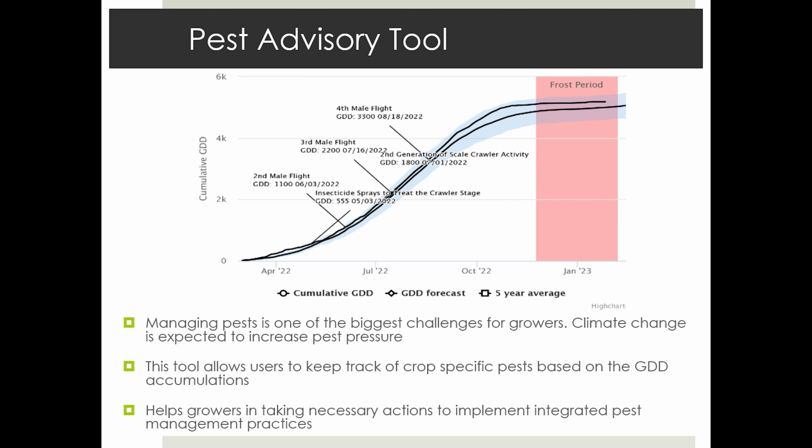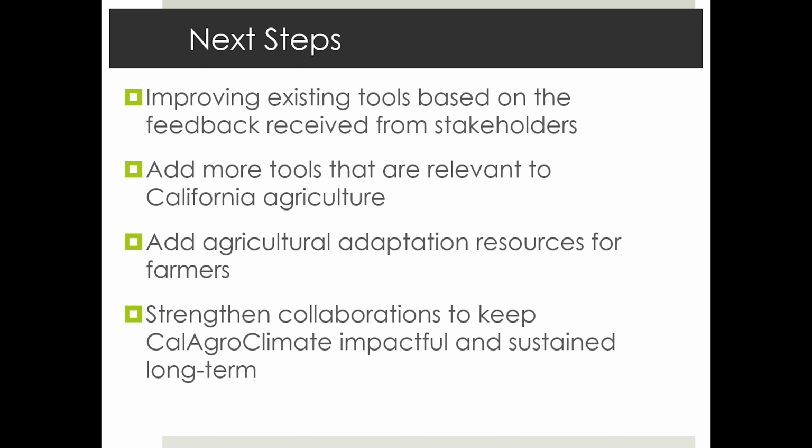So I'll skip this, and as a next step, we already have like 7 or 8 different other tools in the pipeline. At the same time, we are also getting feedback just like this and seeing where we can improve. What we provided was based on some of the feedback that we received, but we are continuously improving those tools.